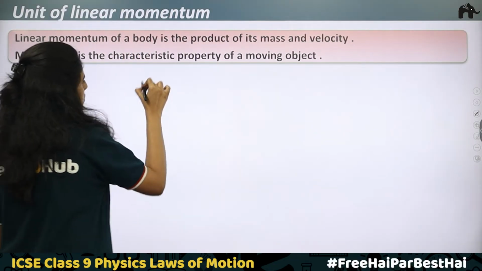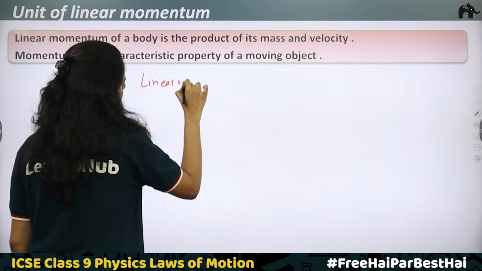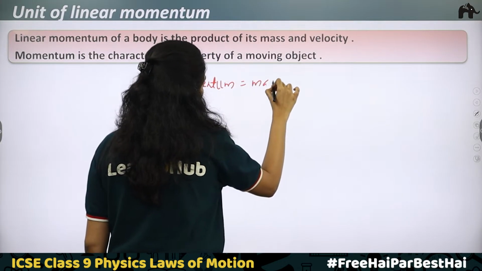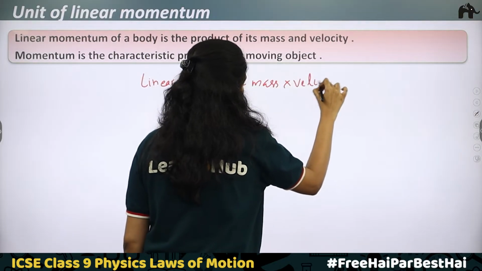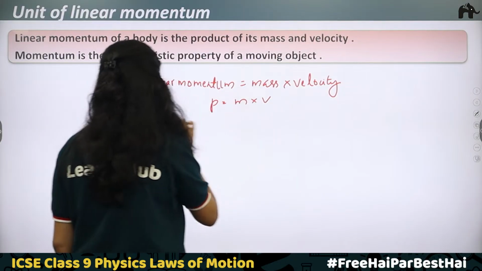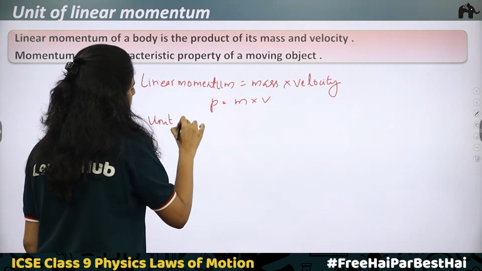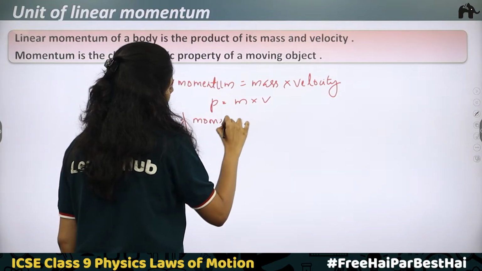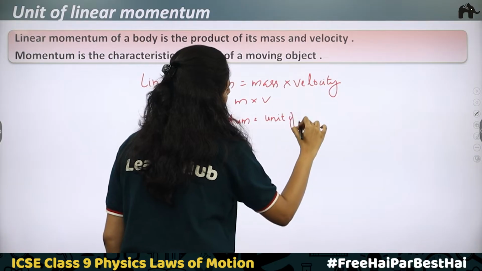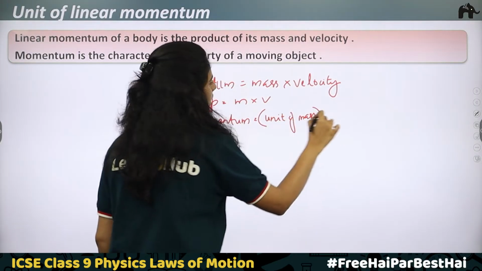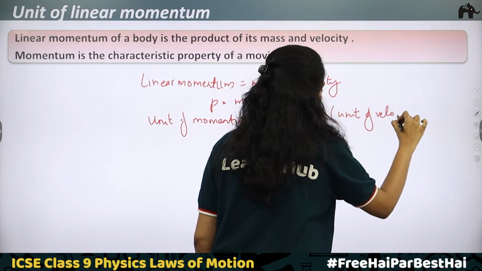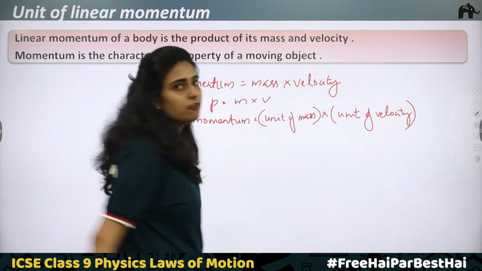What is the unit of linear momentum? We have linear momentum equal to mass into velocity, p equals m into v. Then what is the unit of momentum? Unit of momentum will be equal to unit of mass into unit of velocity.